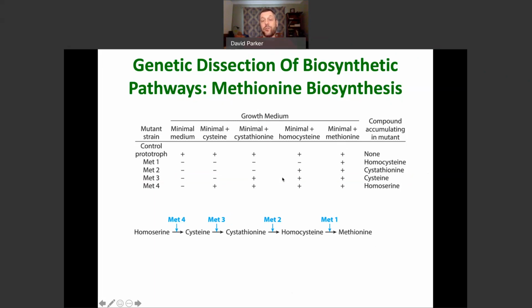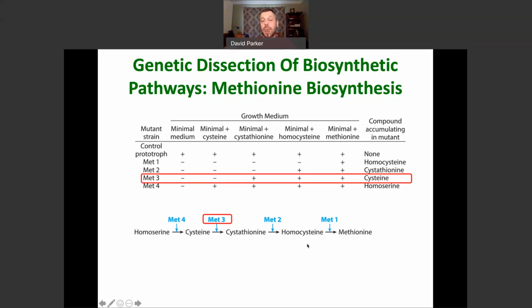So what they wanted to do was, for example, take a MET3 mutant and add back different intermediates and see when it would grow and when it didn't grow. And what you see is that when you add methionine, a MET3 mutant can grow. That makes sense because that's giving it what it needs, not asking it to make anything.